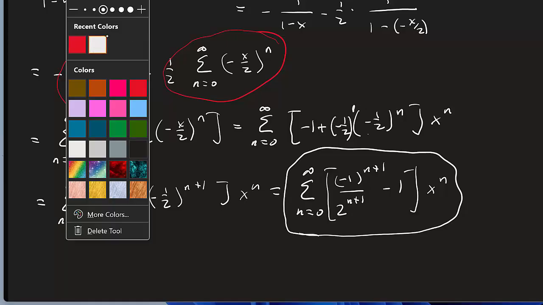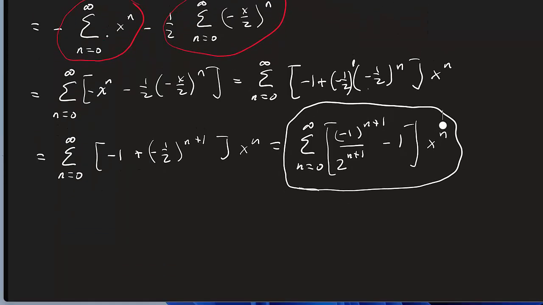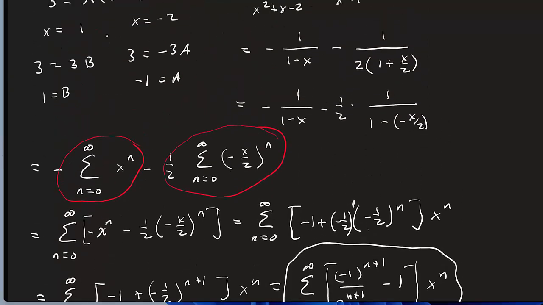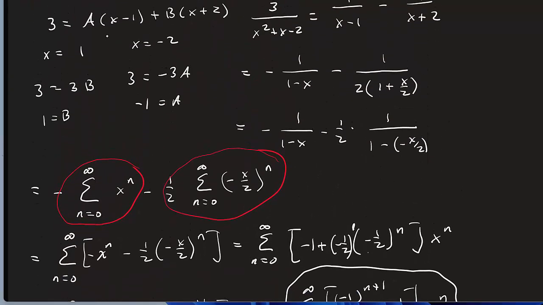So we know that this x here is like our r. So we know the absolute value of x has to be less than 1, which means that negative 1 is less than x less than 1. So the interval of convergence for the first one is negative 1 to 1. And then we look at this part right here, this negative x over 2.